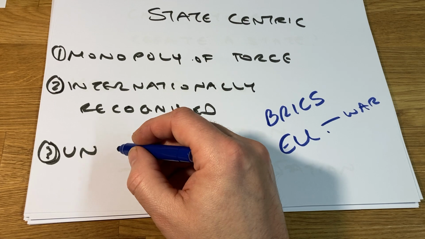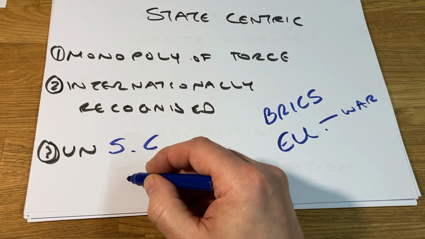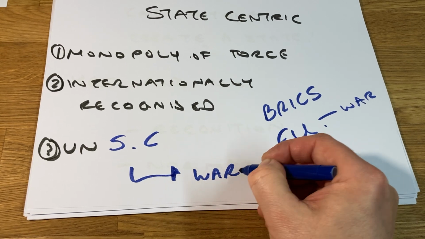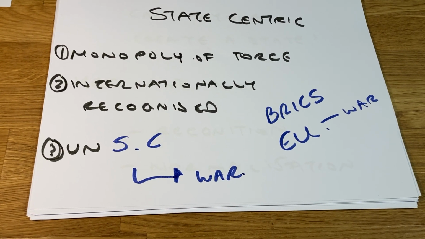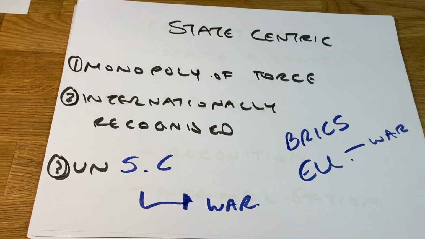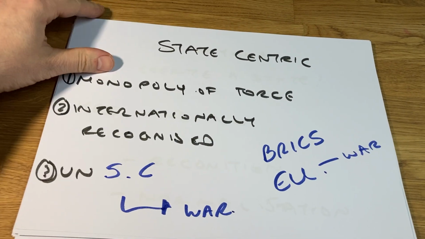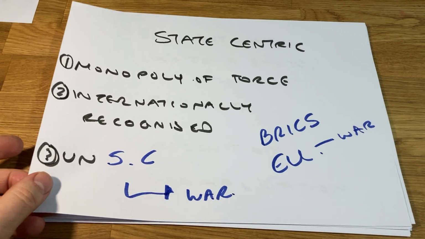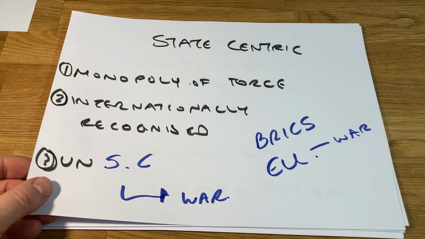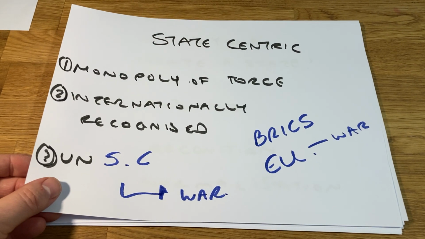The United Nations Security Council can also make a legally binding decision and can declare war. And that's one of the few non-state actors or non-state bodies that actually have that right. So I'm very sorry if you are wanting to declare war and you are not a state. Unfortunately, it is not a legal right that is accorded to you.